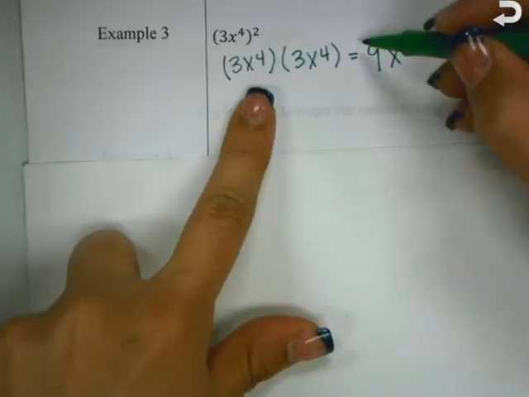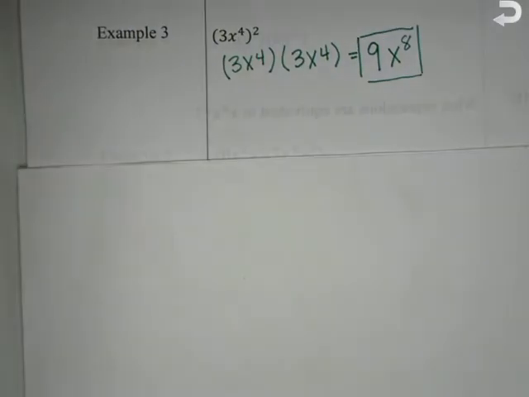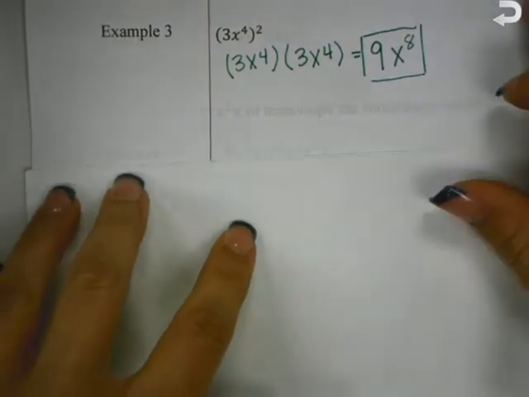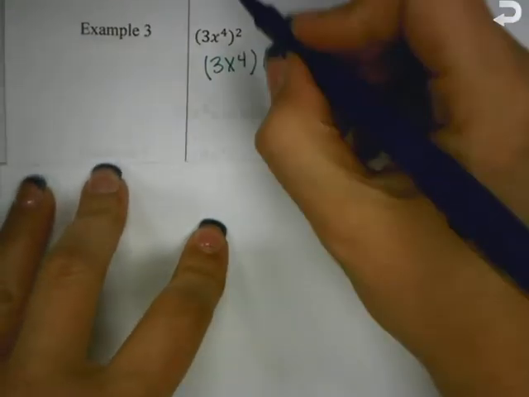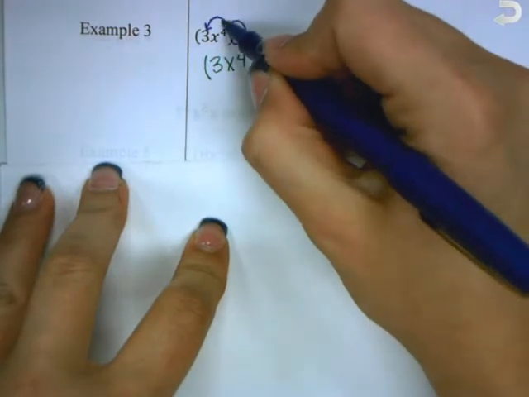Let's try the shortcut. Okay, so let's try the shortcut then. My shortcut tells me that I can distribute the exponent into the parentheses. So I distribute the exponent to the 3 and to the x to the 4th. Now this does not mean that I multiply 3 times 2.